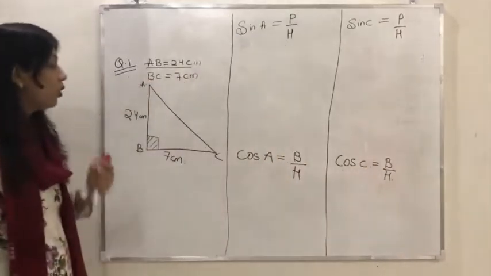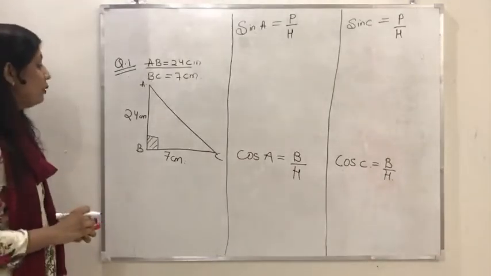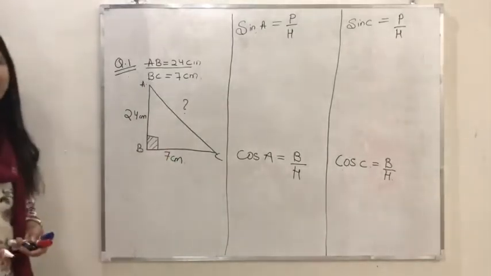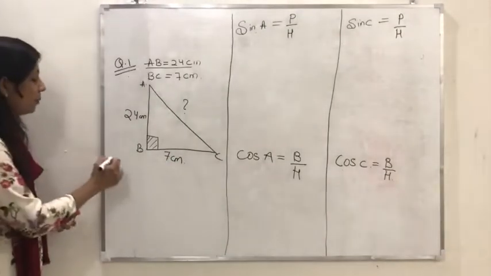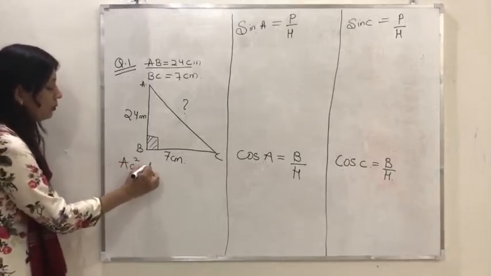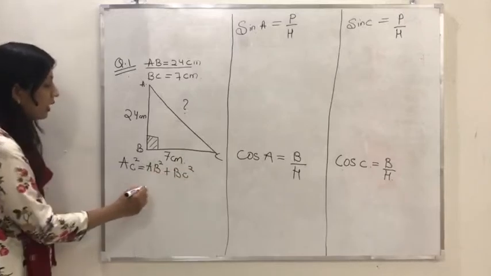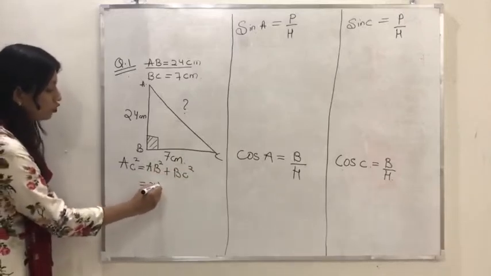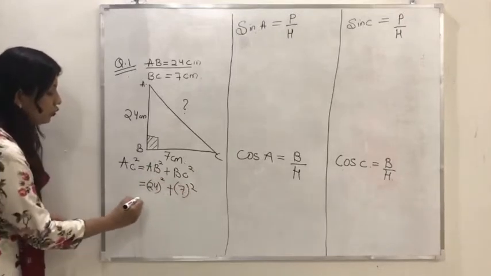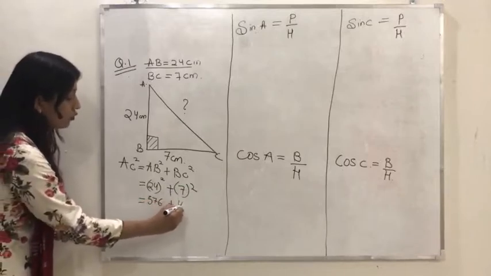So first of all I want to find the lengths of all the sides of the triangle. I will use Pythagoras theorem to find the length of side AC. According to Pythagoras theorem, AC square is equal to AB square plus BC square. AB is 24 square plus BC is 7 square. 24 square is 576 plus 7 square is 49.